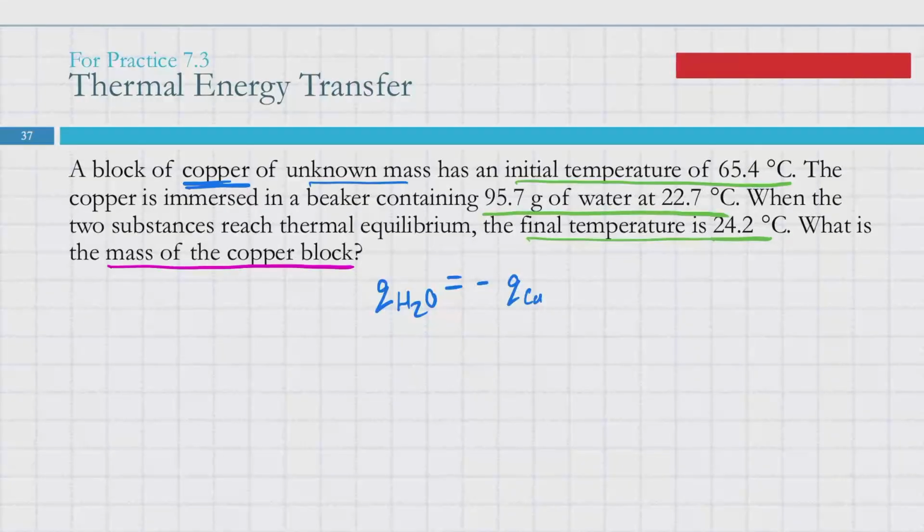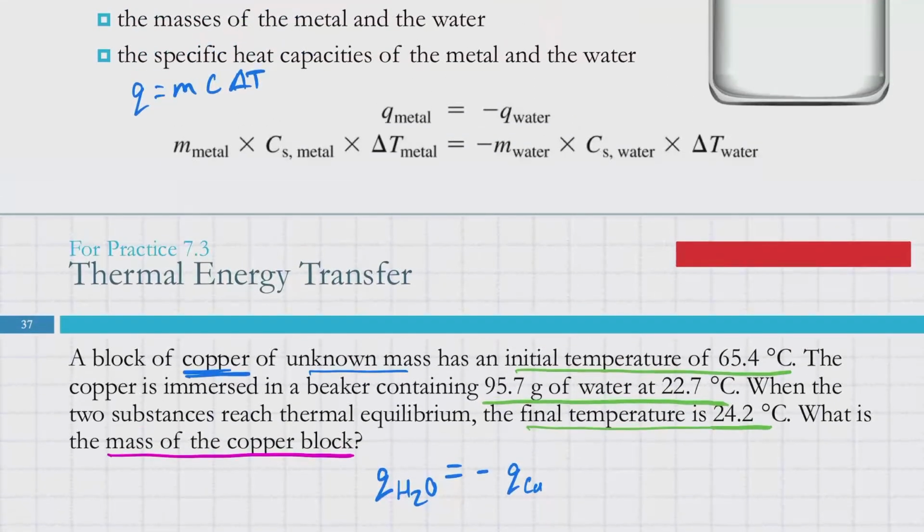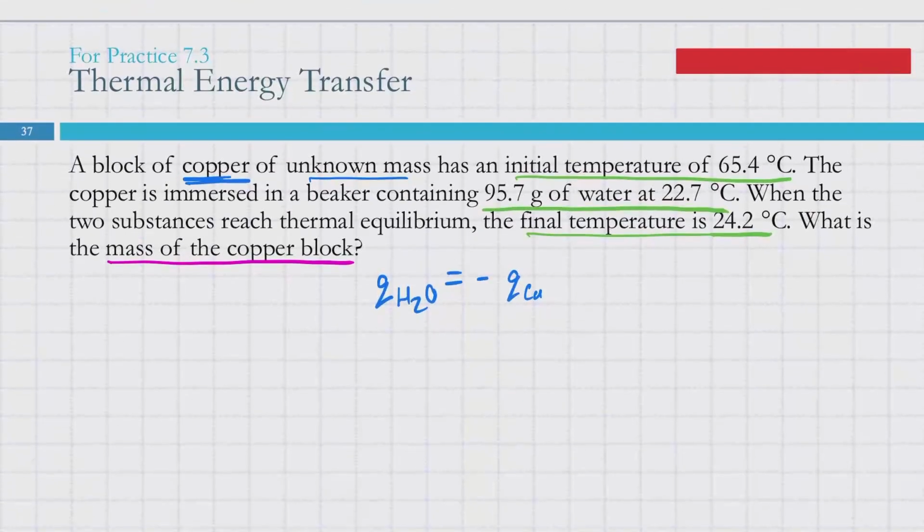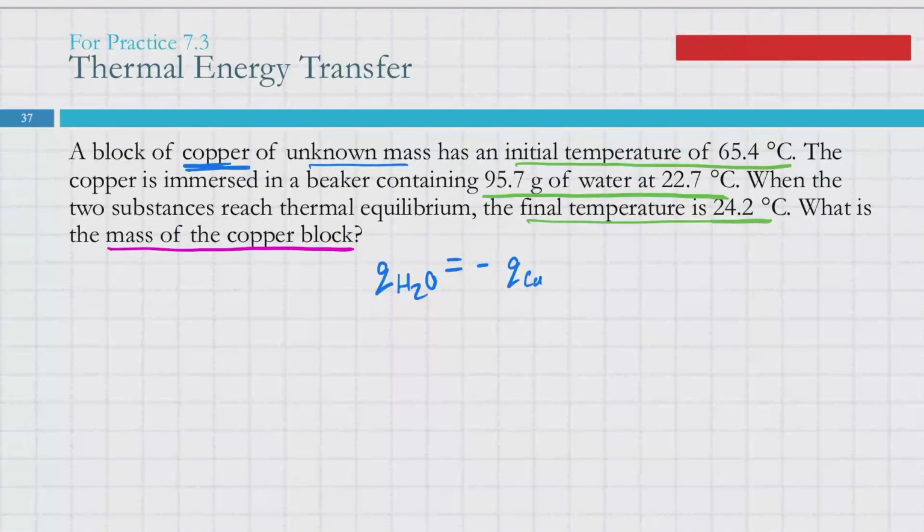So we can substitute in m c delta T for both of these. Q equals m water times c water. I'm going to switch to using W instead of H2O just because it's shorter.